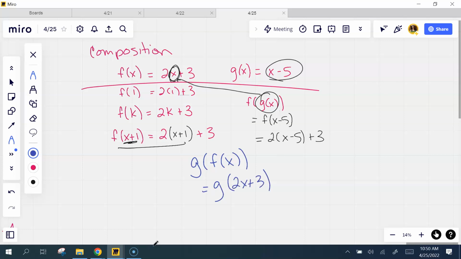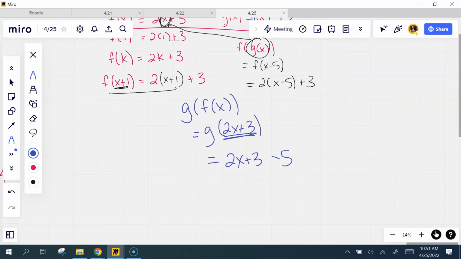Tell me what you think g of f of x is. Look at g. Instead of x, it's f of x, and the minus 5 is still there. Of course, I could simplify this down and combine like terms, but I want you to see how we're plugging in here and what we're getting. Is everybody okay?